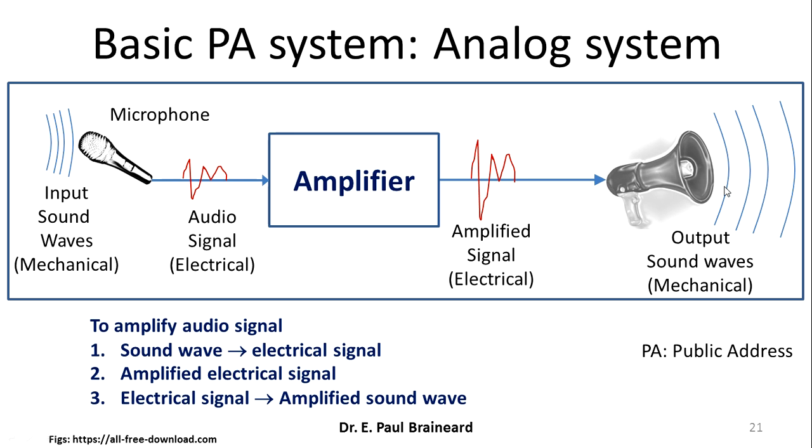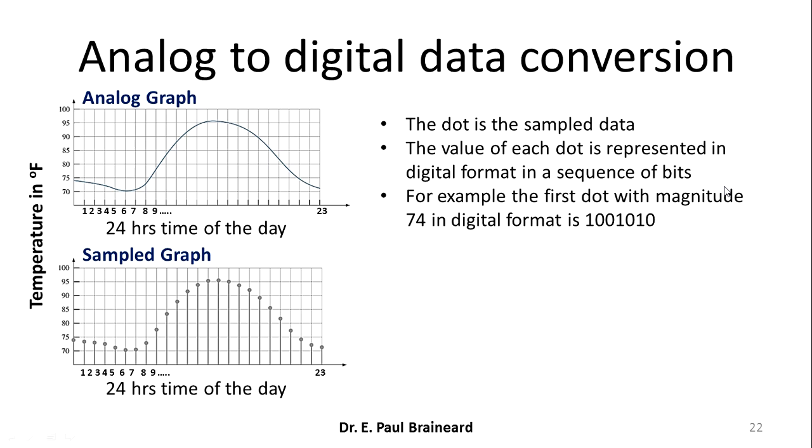So this basic public address system is a simple example of an analog system. Now as I said earlier, digital systems have advantages over analog systems. So now let us take a simple example where we convert analog data into digital data.